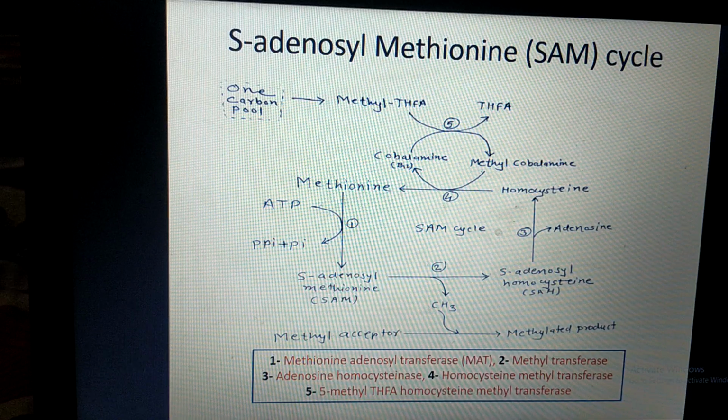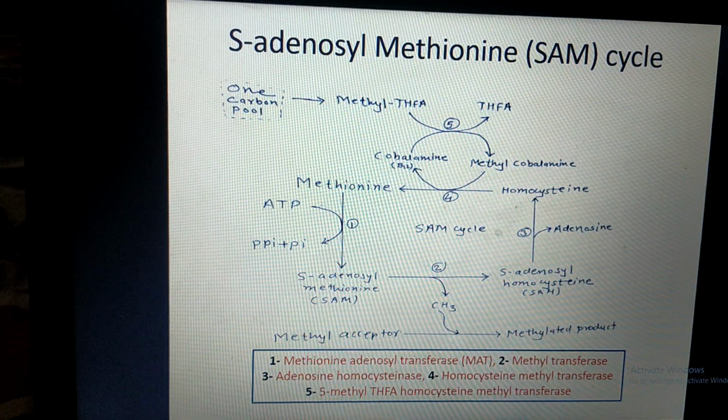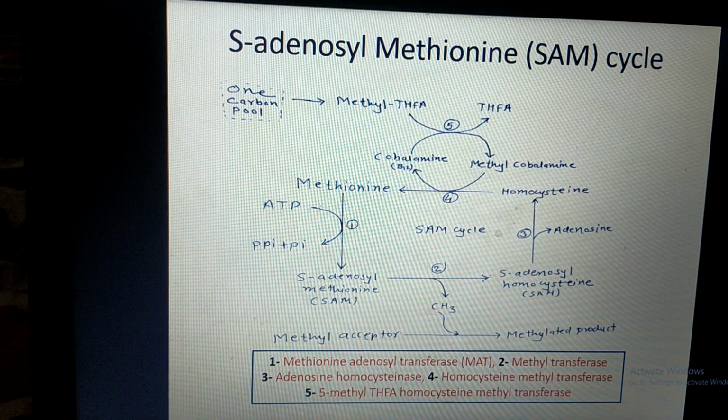And the fourth step, when homocysteine accepts a methyl group, the enzyme is homocysteine methyl transferase. And for the fifth step, where methyl tetrahydrofolate donates a methyl group to cobalamin, the enzyme is 5-methyl tetrahydrofolate homocysteine methyl transferase. So this is the SAM cycle, which may be asked as a short note.